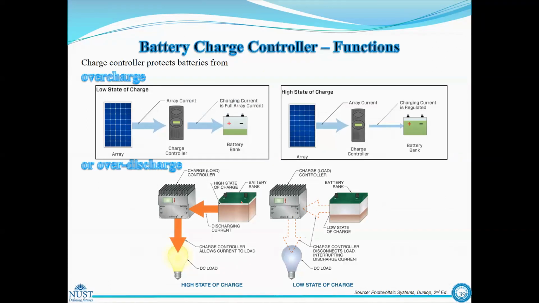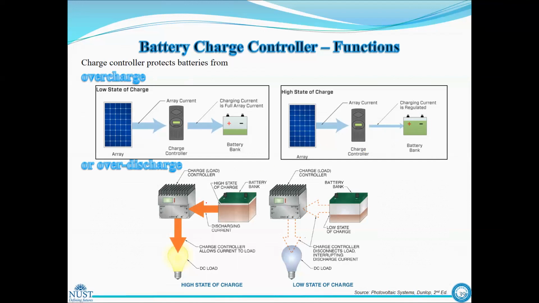Okay, who will control this charging process? The charge controller. The charge controller should avoid the overcharging, and as soon as it checks that the battery is nearly filled, or the charge has been stored and the nominal voltage has been achieved, it should disconnect or modulate the power coming from photovoltaic modules.